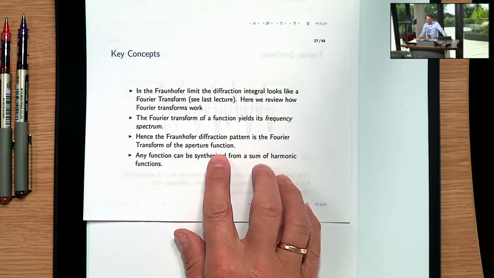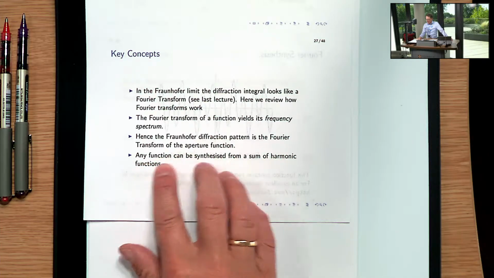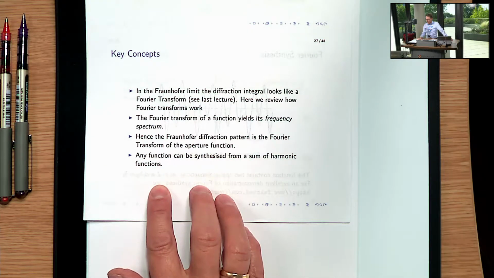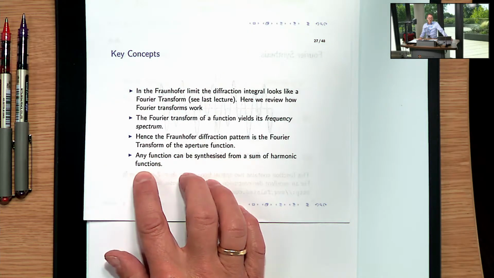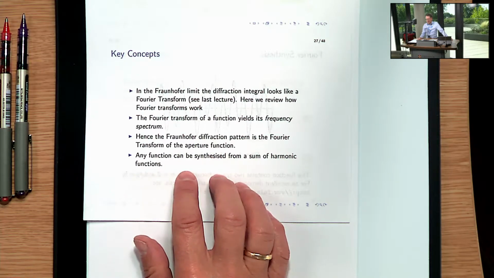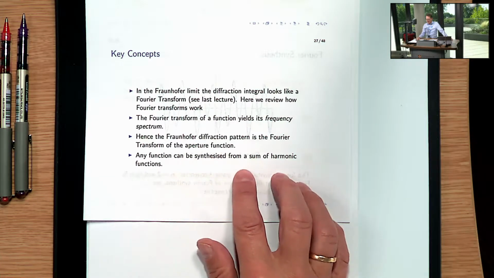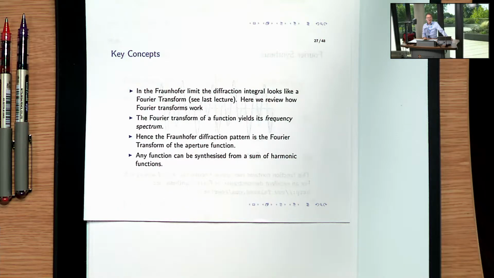The Fraunhofer diffraction pattern, as we know, is the Fourier transform of the aperture function, and the key concept for this lecture is that any function can be synthesized from a sum of harmonic functions.